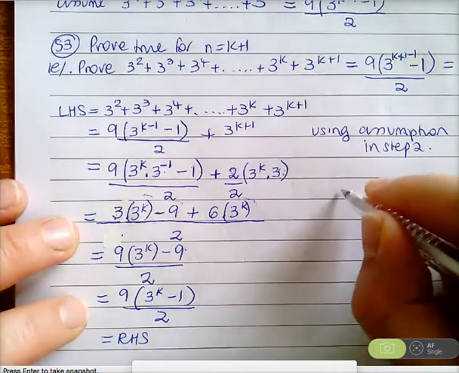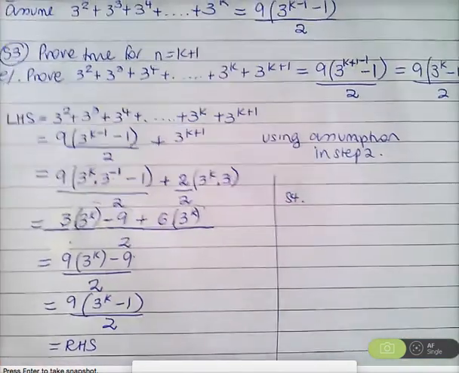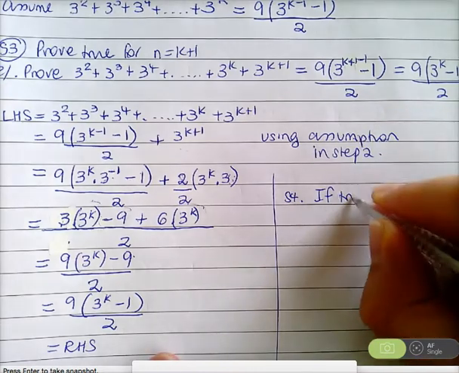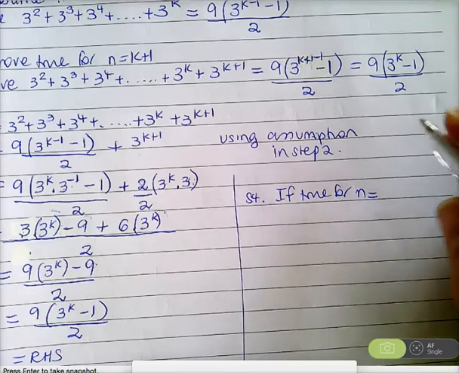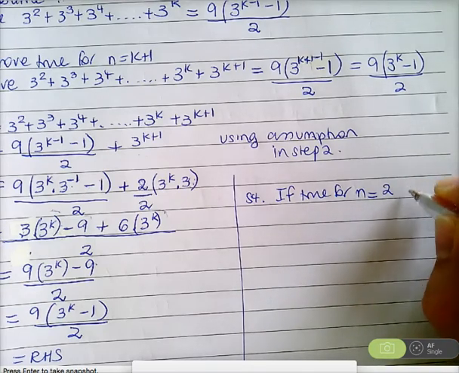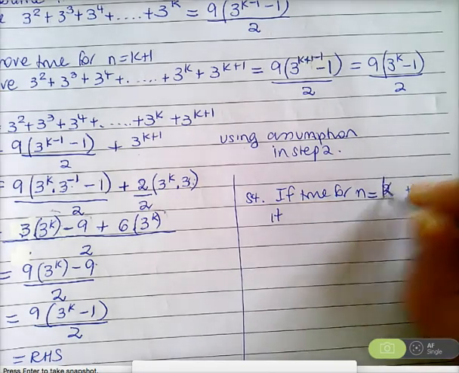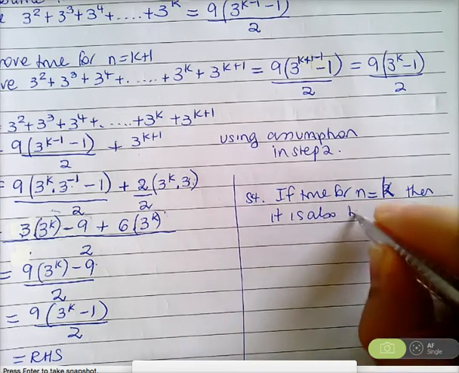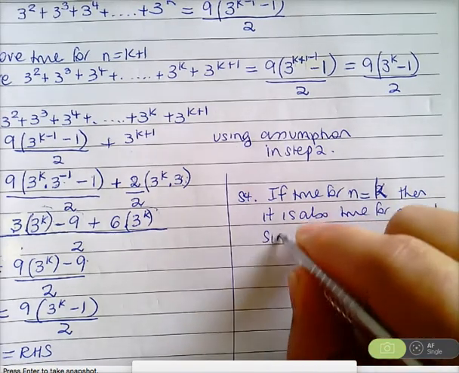And our conclusion, I'll write in step 4. Therefore, if true, you start off with the assumption sort of thing. If true for n equals what? It's not n equals 1. Then, no, for n equals k, thank you. If it's true for n equals k, then it is also true for n equals k plus 1.